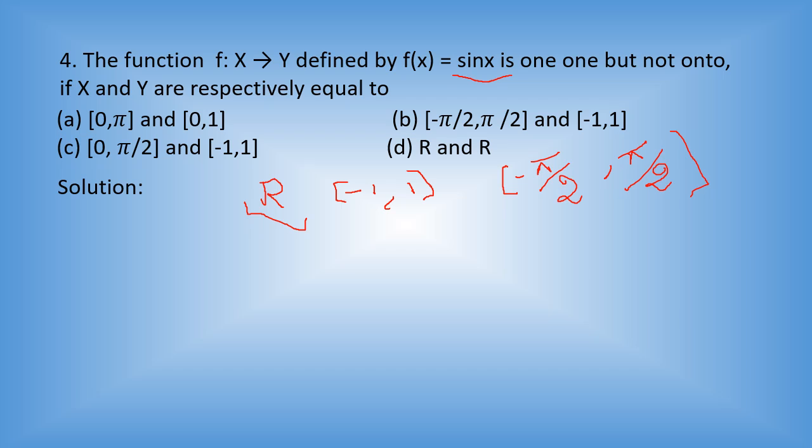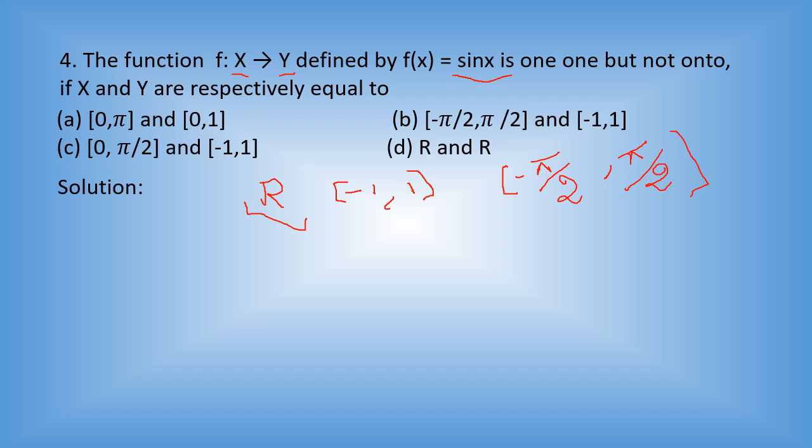Now, instead of real numbers, if I take the closed interval minus pi by 2 comma plus pi by 2 as the domain and this as the range, then clearly the sine function is both one-one and onto. So we know one-one means every element of the set X has distinct images in Y. That defines the one-one here.